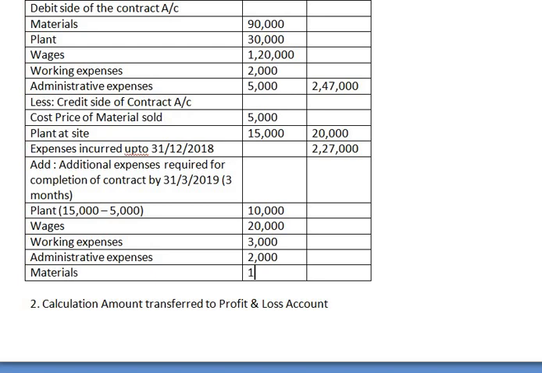Materials 13,000. Add it, take it to the outer column.